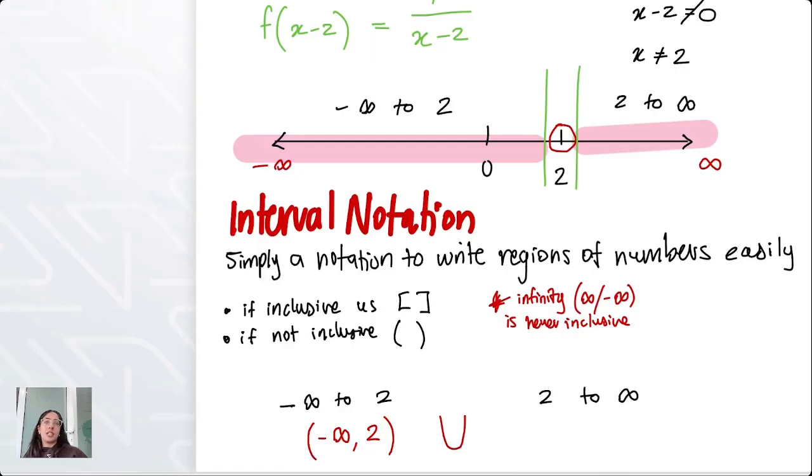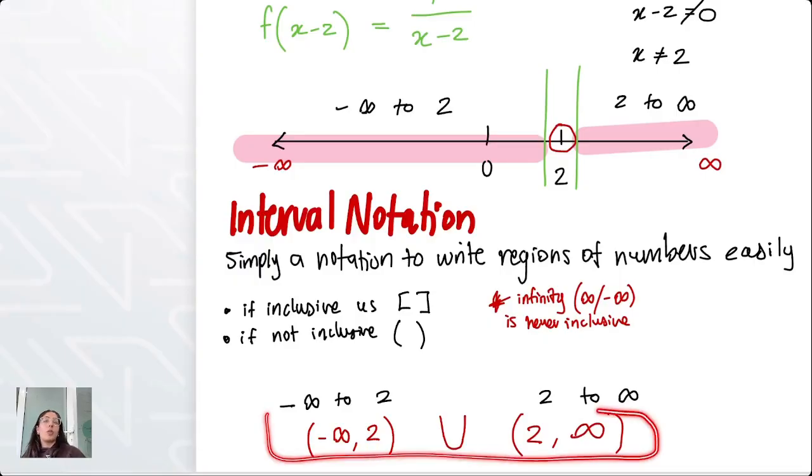So a union is basically just you take 2 sets and you join them together. You're basically saying the left set and the right set are all part of the bigger set. And then 2, again, 2 is not inclusive, to infinity. This is the new notation I want you guys to use whenever you are writing regions, like domain or range: interval notation.